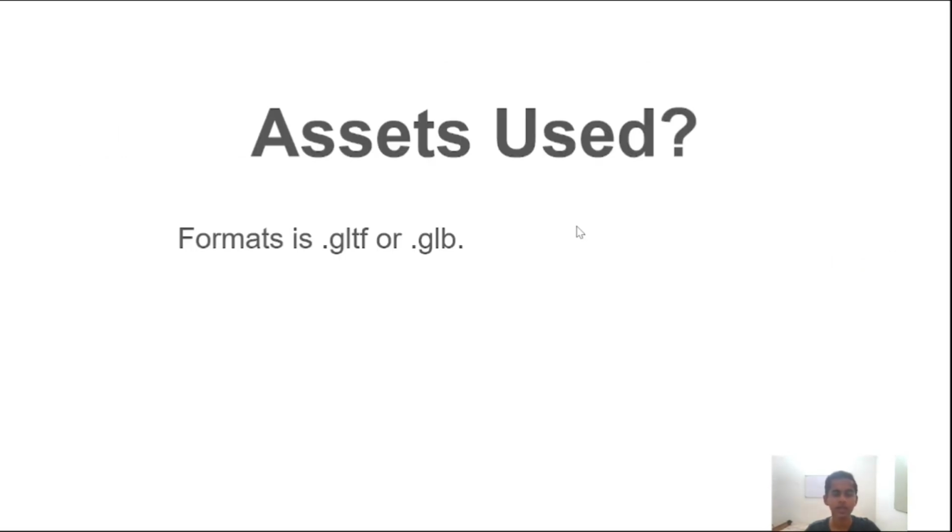So what are the assets used? Unlike standard images, augmented reality applications require 3D assets in formats like .gltf or .glb files. These files allow for highly detailed and interactive 3D models, bringing digital objects to life in augmented reality environments.